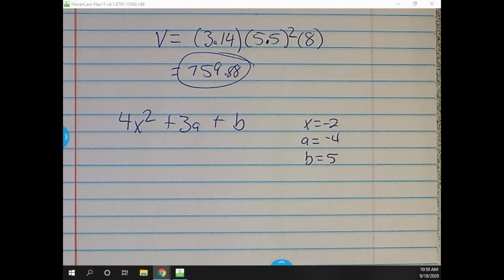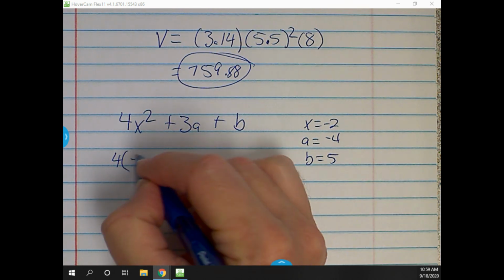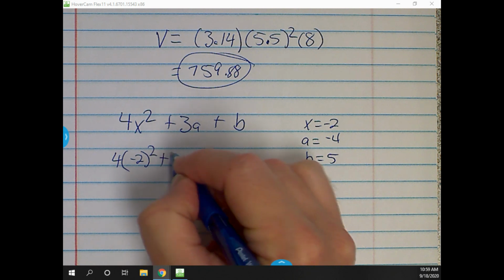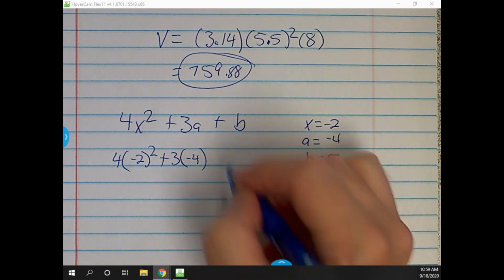Less formula, more of just, okay, here's an expression, here's the values, plug it in and see what you get. Same thing, if you've got a good calculator, you just go ahead and plug in the numbers with the parentheses around the numbers when you plug it in.